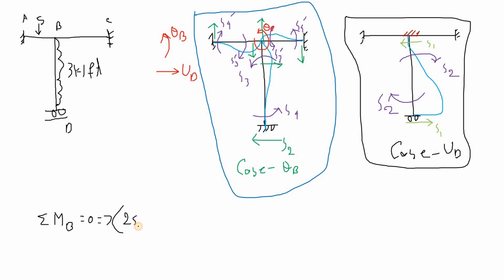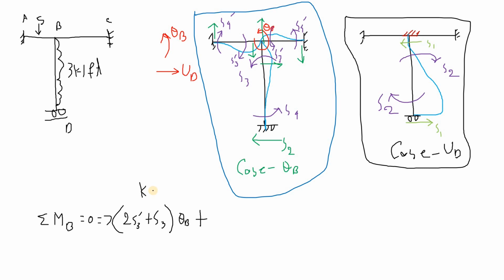So we have 2 S3 prime plus S3 multiplied by theta B. Okay, and right after that, let's give a plus here. If you're wondering, this is actually the K.